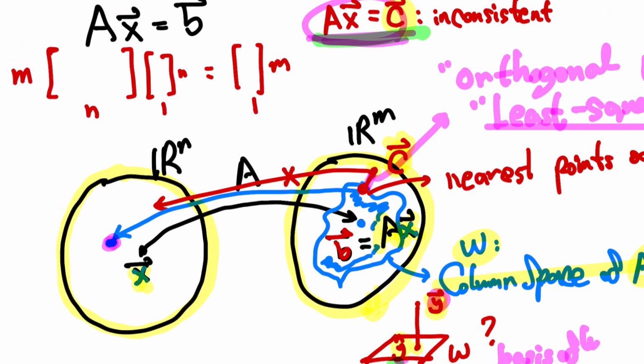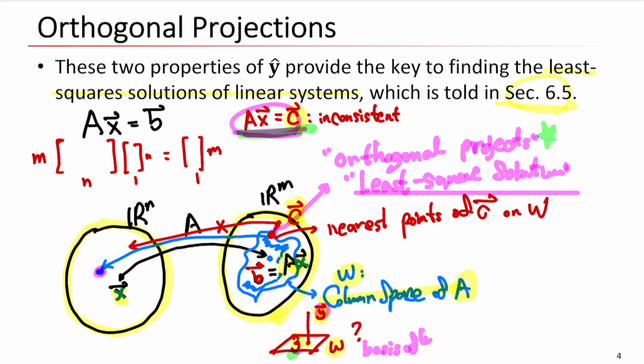In the last lecture, we talked about how to represent this y hat in terms of the original vector y and an orthogonal basis of the subspace W, right? This is a very important idea to formulate the least squares solution, which will be discussed in lecture 11 maybe.